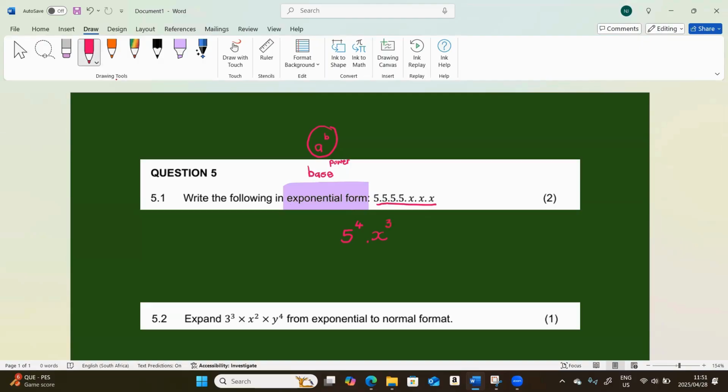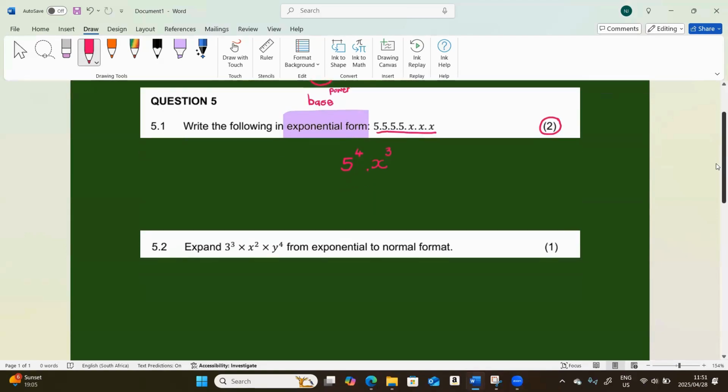And that is your final answer, for 2 marks. It's two extremely easy marks. So that is how you write numbers multiplied by themselves into an easier format, which is called exponential form, with a base and a power.